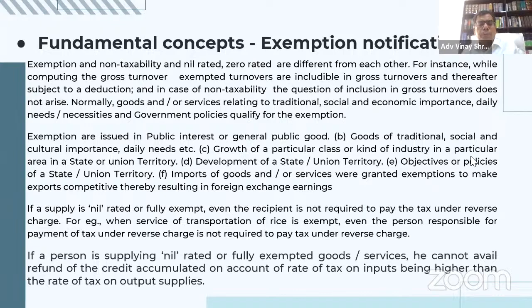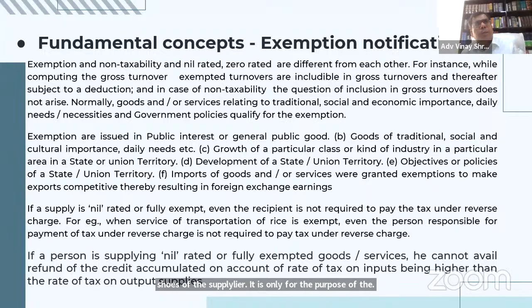Okay, so if the item is nil rated or fully exempted, then the recipient is also entitled to the benefit of the same, because the recipient steps into the shoes of the supplier. It is only for the purpose of discharge of the liability that the payment of the tax is shifted to the hand of the recipient.